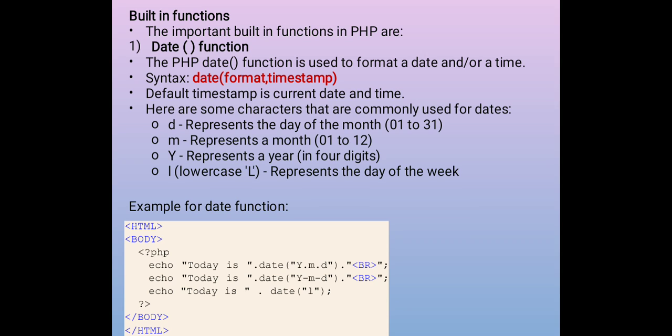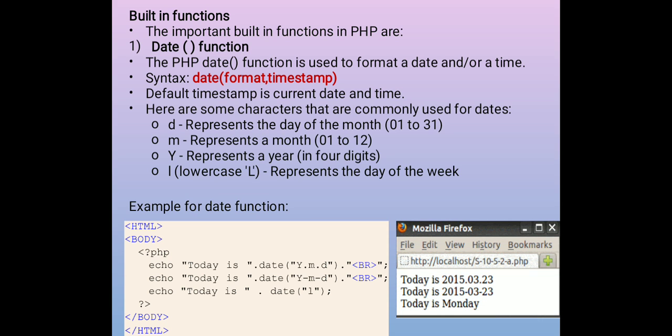And the third one is echo "Today is " . date("l"), where the day of the week is represented by the symbol small l. Then PHP closed, body closed, HTML closed, and the output is "Today is" followed by the current date, and the last one is the current day of the week, which is Monday.